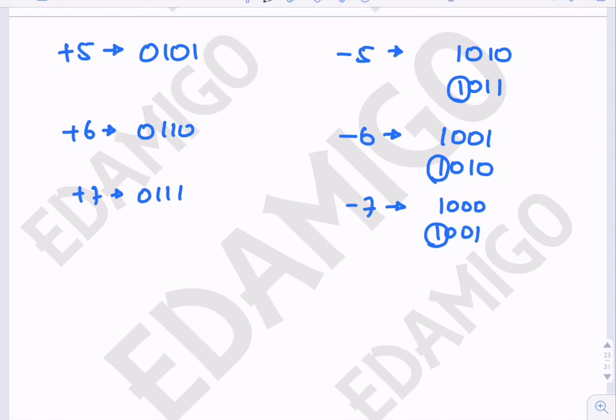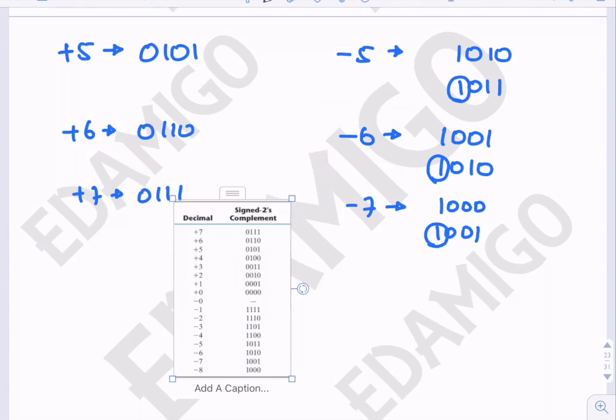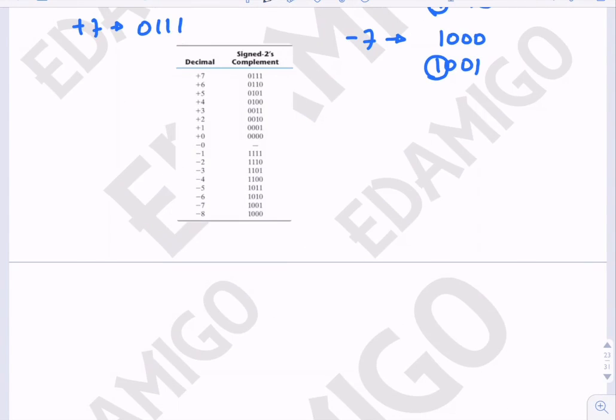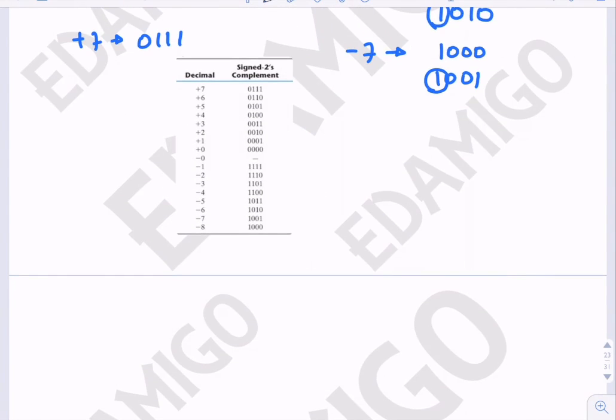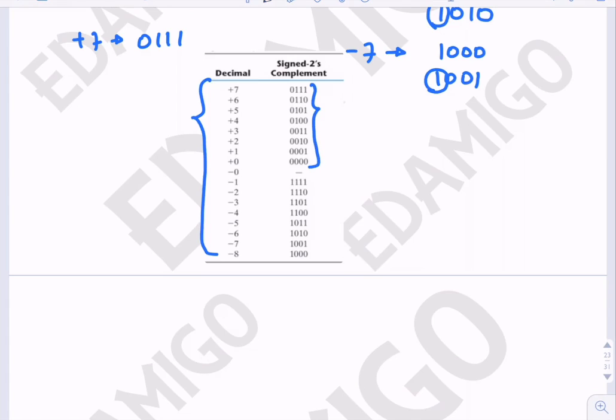Now I'm just adding an image here. This will represent all the positive and negative numbers for 4 bits. We have written plus 7 and so on, but there is no minus 0 representation in 2's complement.